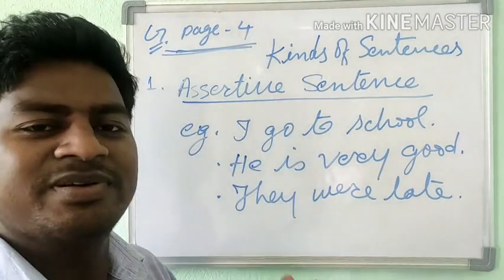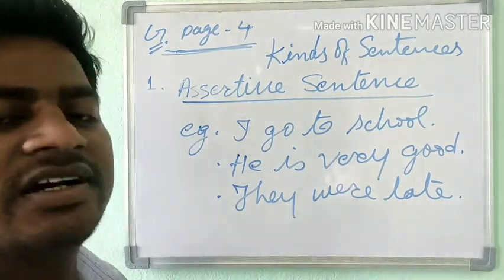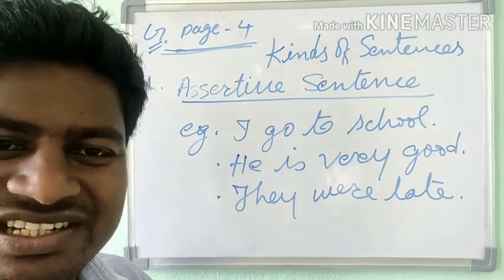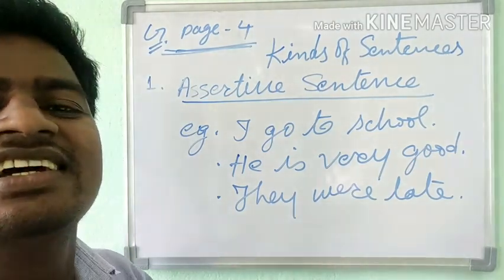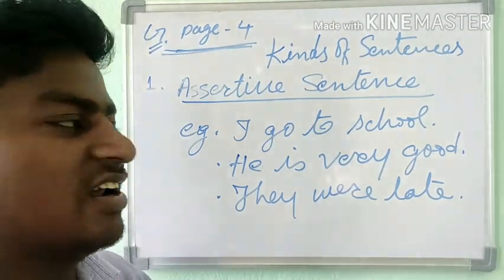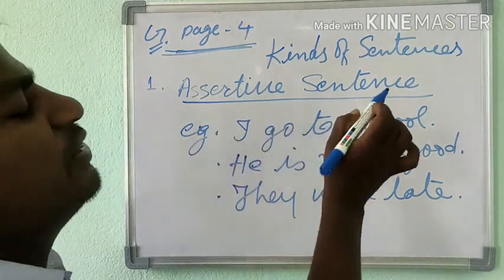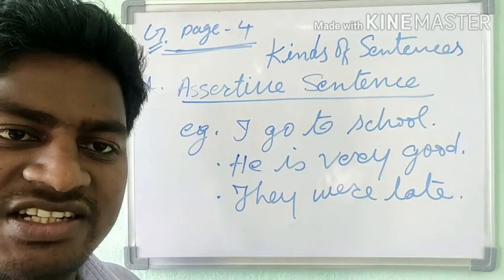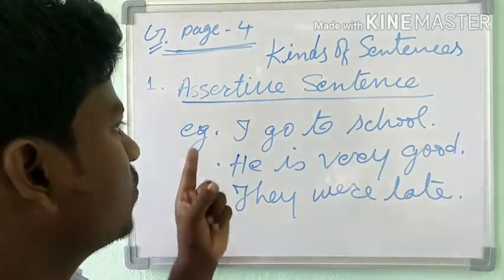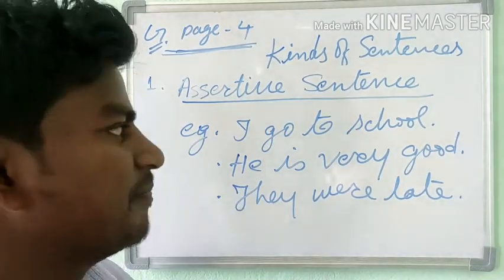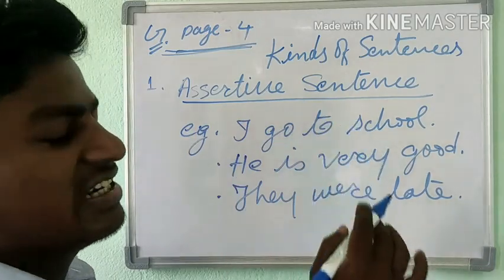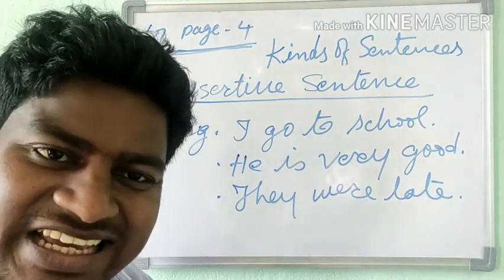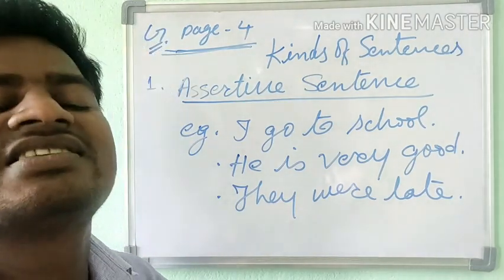So these are the simple sentences we make in our day-to-day life, in our day-to-day activities. The simple ordinary sentences are called assertive sentences or declarative sentences. Okay, good. So what's the definition we can say? An assertive sentence is that kind of sentence that says or states something.